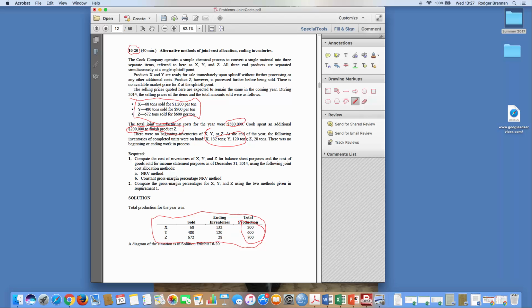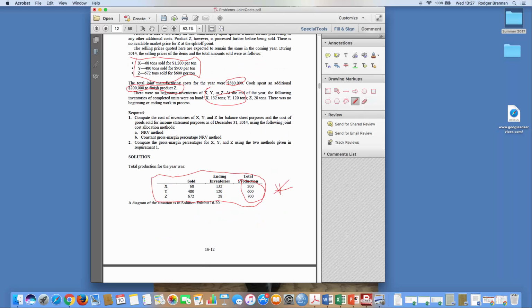The only way that I can sell and end up with ending inventory of 132 is if the production was 200. In other words, if the production was 200, I sell 68, I will end up with 132 left, and so on. So part of it may seem very simple, but oftentimes people are stymied and get real frustrated because they don't do this step right here to make sure they're clear about the inventory part of it.